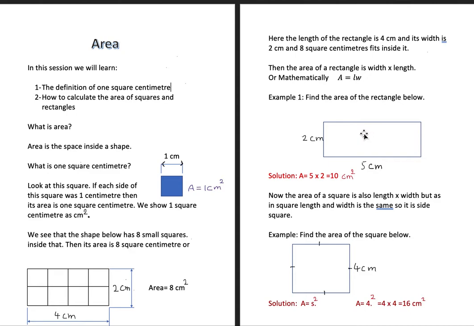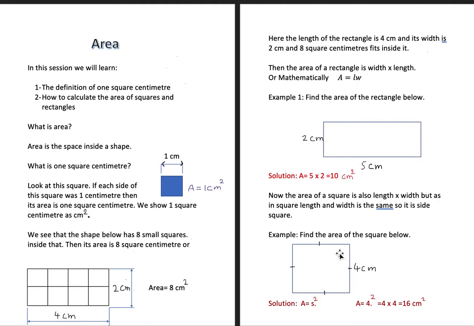So its area is 10 square centimeters. Or simplified, basically you times 2 by 5 and you get 10 square centimeters. And that is how we also write the square centimeter. You write the centimeter, then to the power of 2. Then it shows that we are talking about the area and this is a unit of area.